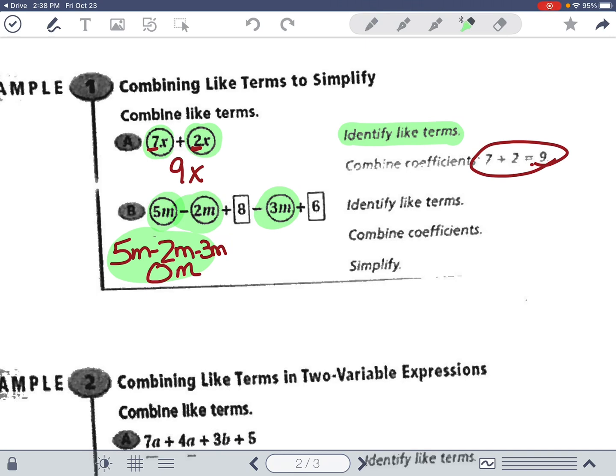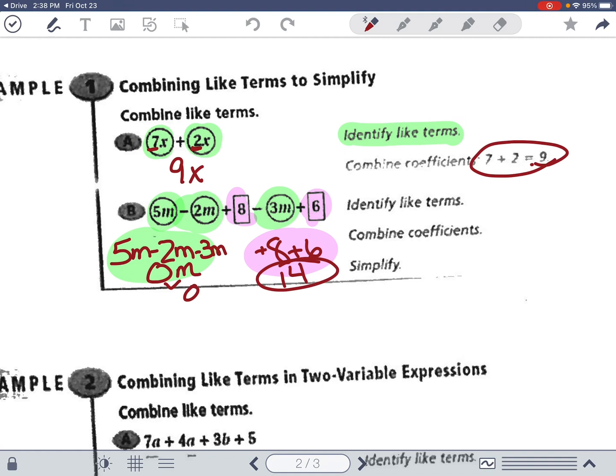Then I notice I have an 8 and plus 6. So I can put my positive 8 and my plus 6 together and I get 14. That's it. That's your final answer. 0 m's doesn't need to be written because 0 times anything is 0.